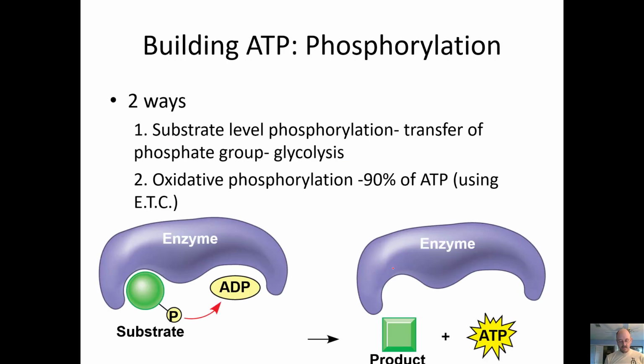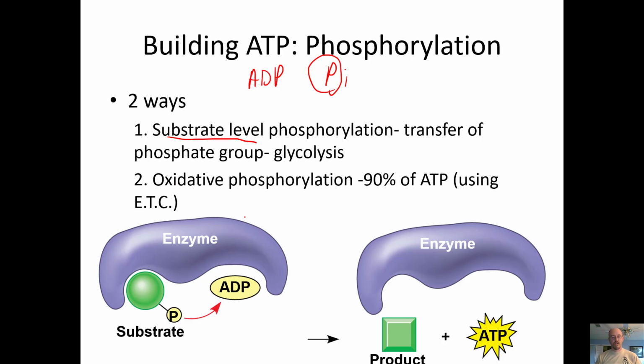All right, now there are a couple of ways to make ATP. First of all, our building blocks are typically ADP and a phosphate molecule, which they'll usually draw like an inorganic phosphate. And we have to get them to combine somehow. One way to do that is substrate level phosphorylation, which is shown below. We've used the word substrate before.